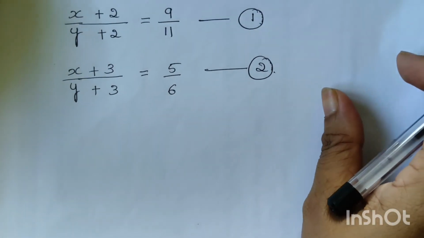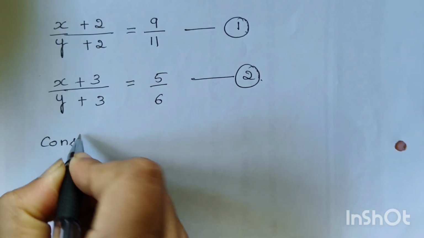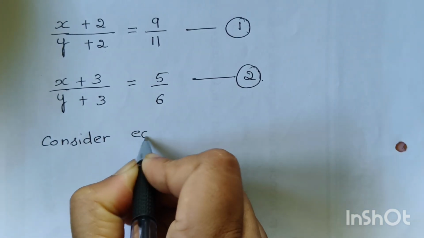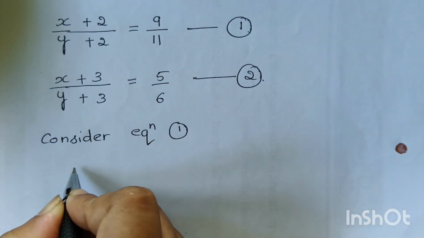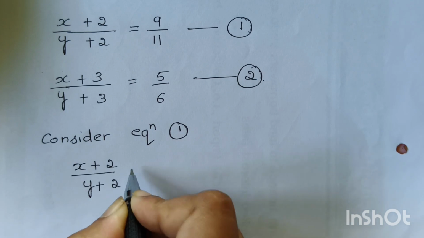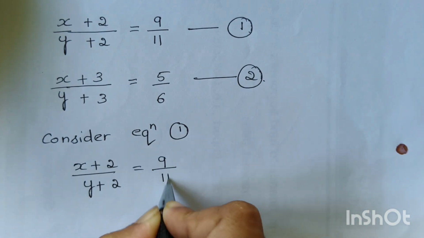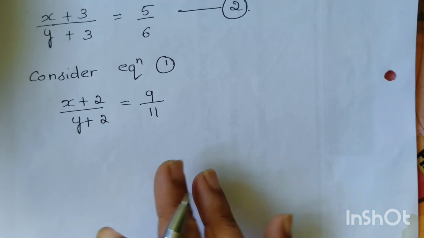First let us consider equation 1, that is x plus 2 divided by y plus 2 is equal to 9 by 11. First let us simplify this one. See here.